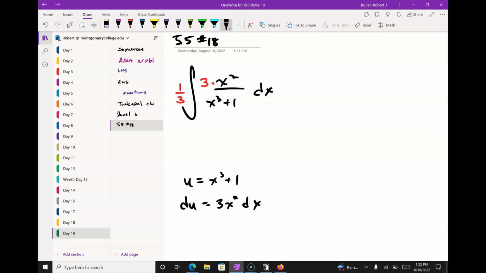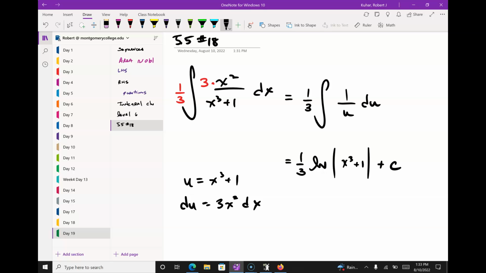Everybody okay? So I have 1/3 times the integral of what? What is the whole upstairs now? That's du. So I have, again, 1 over u du. So I get 1/3 times the ln of the absolute value of x cubed plus 1, all plus c. And of course I need the absolute value there because x cubed can be negative.